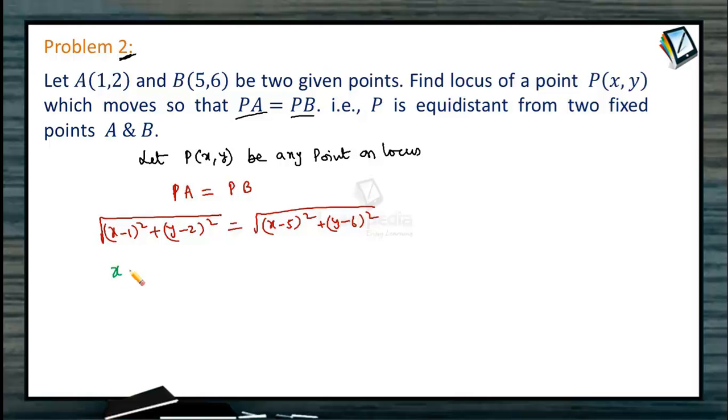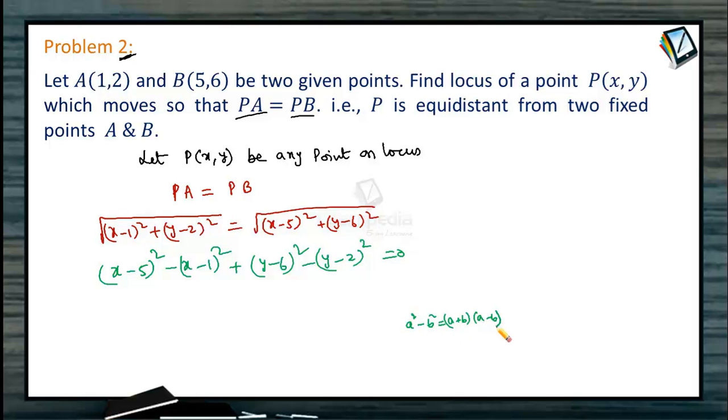Squaring on both sides and rearranging the terms, we can get it to the form (x minus 5) whole square minus (x minus 1) square plus (y minus 6) whole square minus (y minus 2) whole square is equal to 0. So you can employ now the formula a square minus b square is equal to (a plus b) into (a minus b), which simplifies this. A plus b gives you 2x minus 6.